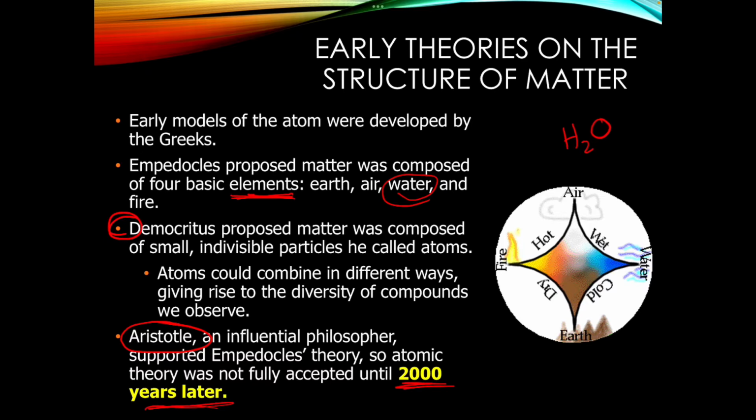He was on the right track of discovering the atom and all of these different things about it, but essentially all of the scientific progress stopped right there until 2,000 years later because Aristotle liked Empedocles' idea better, and Aristotle was popular. I think that kind of trend is mirrored in a lot of today's society, right? Where the more popular people, their ideas are supported, even if they may not be correct, which is kind of interesting. But not going to get into that in this class.